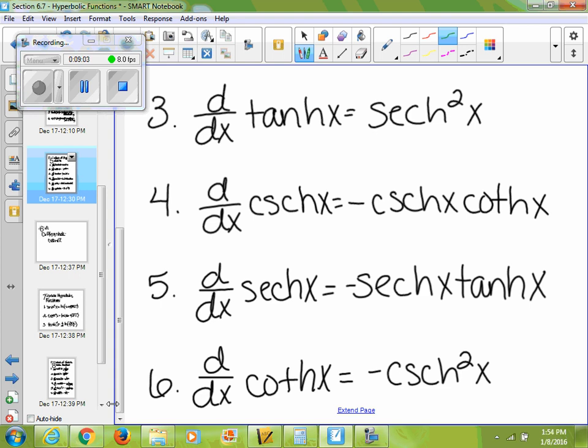When deriving the hyperbolic secant function in terms of x, you get negative hyperbolic secant of x times hyperbolic tangent of x. And lastly, when deriving the hyperbolic cotangent function in terms of x, you get negative hyperbolic cosecant squared of x.